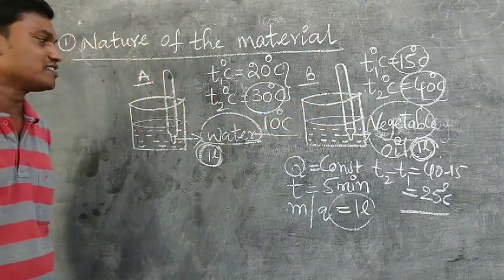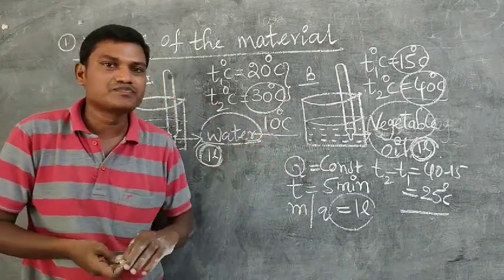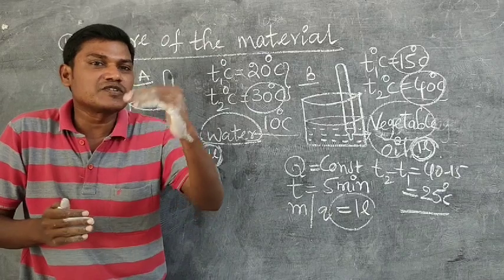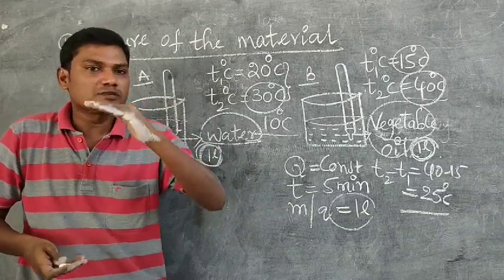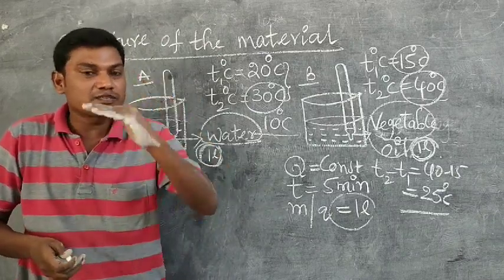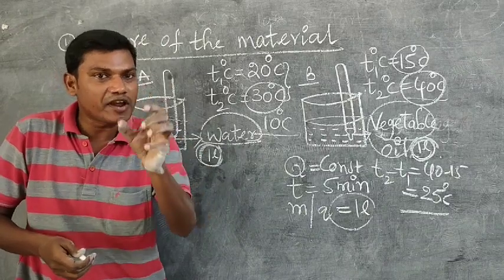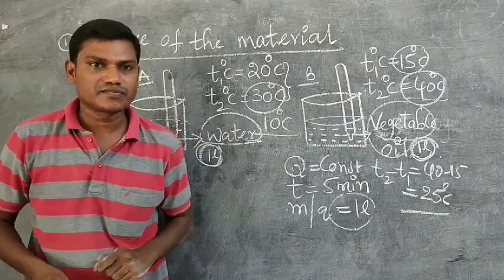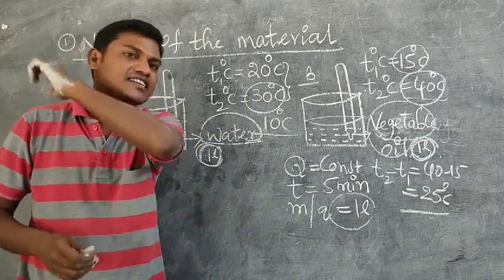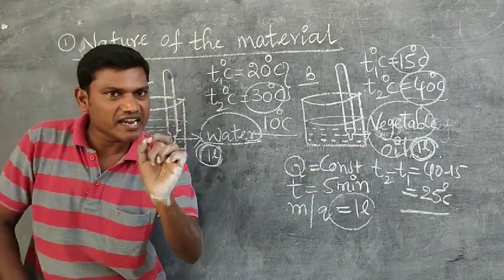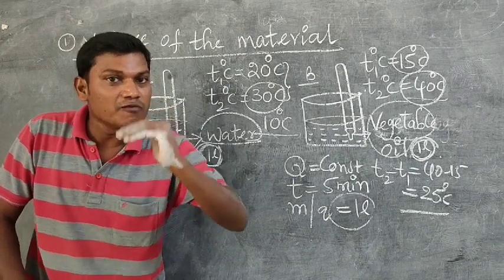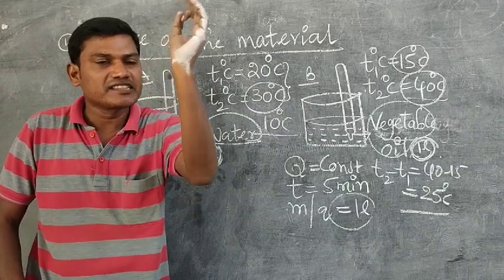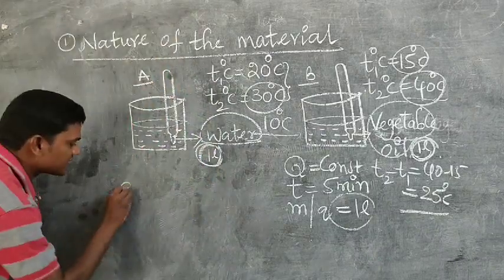What is the main reason? To understand that reason, I will explain later in this video about specific heat. The specific heat capacity concept gives one idea, that is the degree of reluctancy. What is the degree of reluctancy? It is nothing but a certain degree of unwillingness to absorb the heat energy by a body, that is called degree of reluctancy.